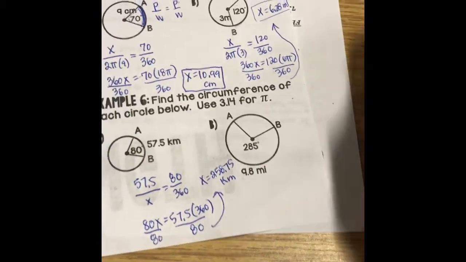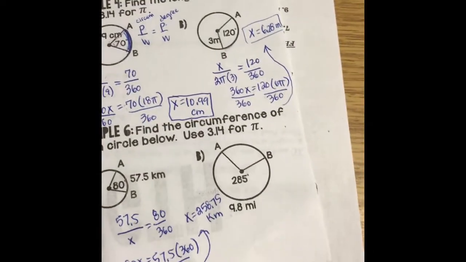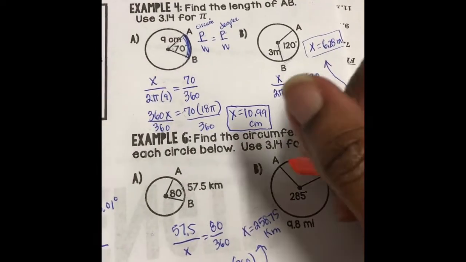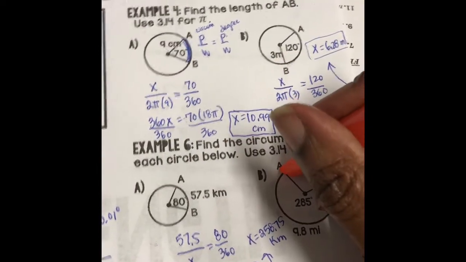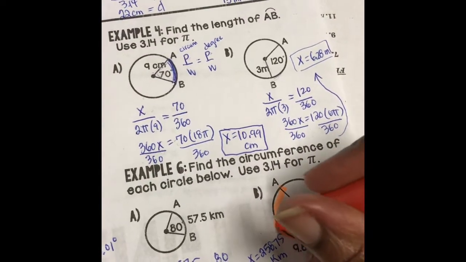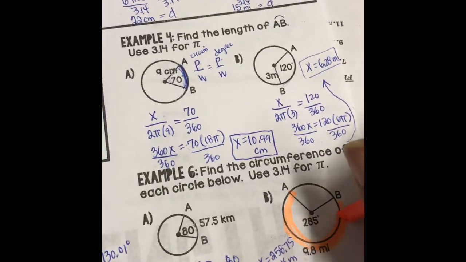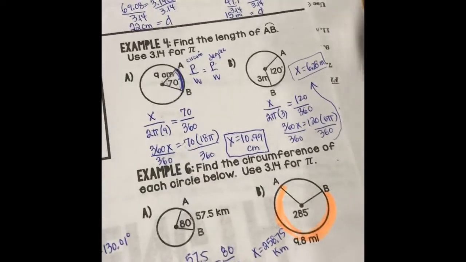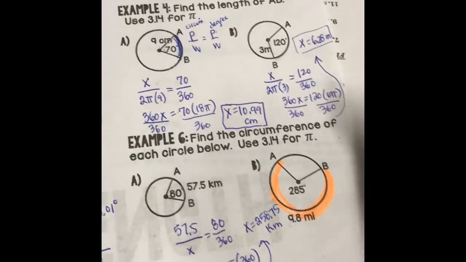However, this one, they didn't give me the degrees here on the inside. They gave me the degrees this way. If you have a highlighter, you may want to highlight that so you can see what it is that you are using to calculate this time.